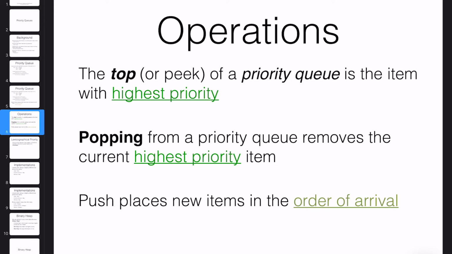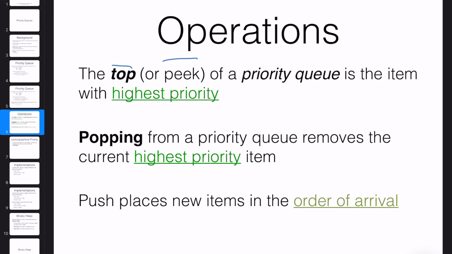You have a method that we call top or peek that just tells us the item with the highest priority in the queue. It's not going to remove it. It just tells us what is the item with the highest priority available in the queue.